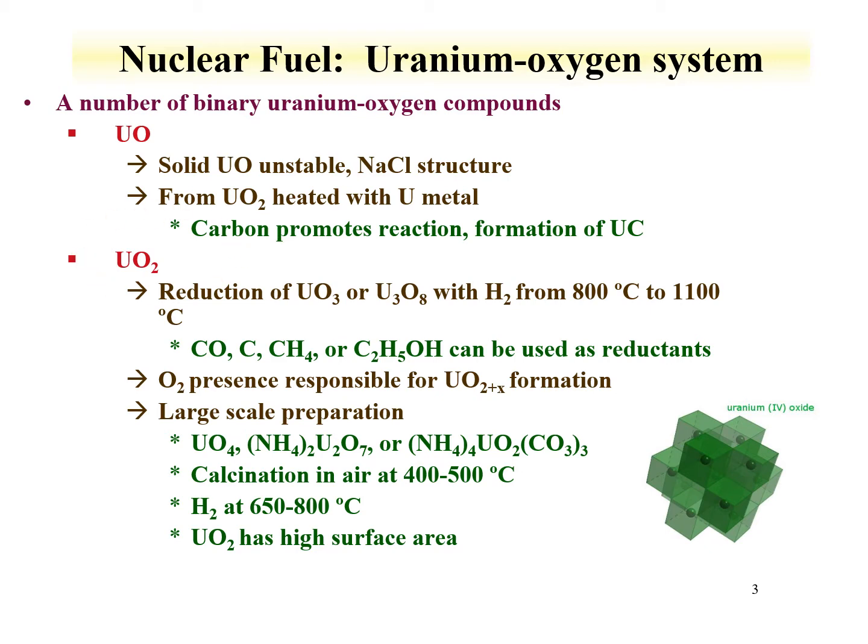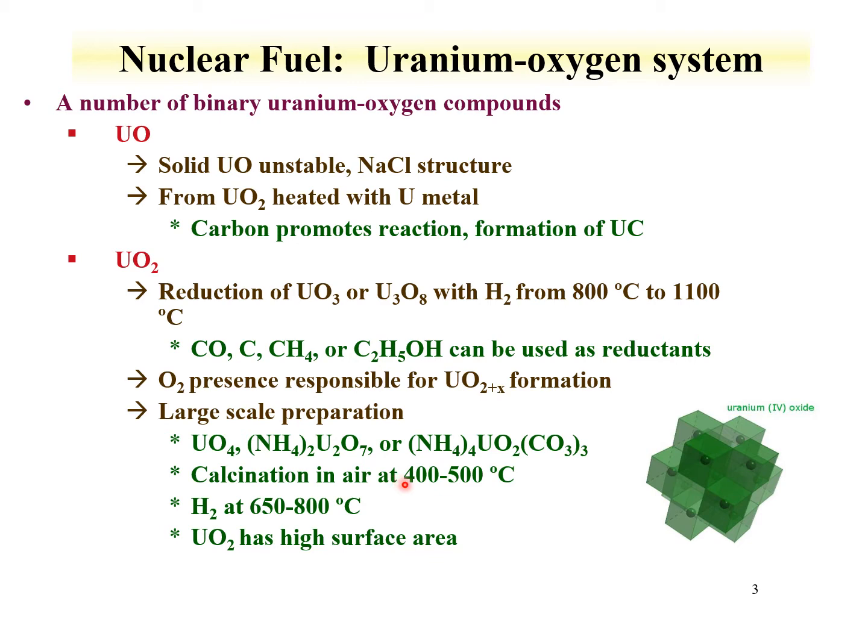This can be formed by the reduction of a number of oxides, as shown here. Hydrogen can be used as a reduction. In our lab, we use 5% hydrogen and argon as a common route for producing UO2. These other compounds can also be used as reductants. Large-scale preparation is from a host of compounds that can be calcined in air.